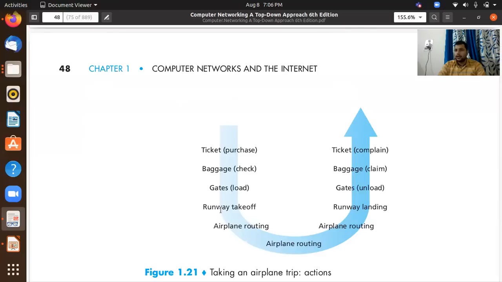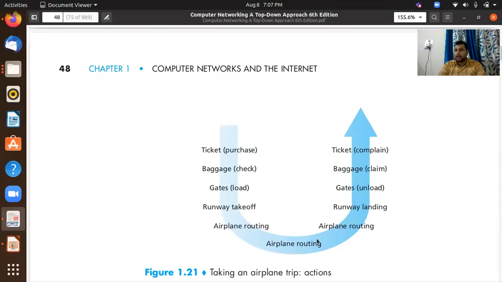It will take off through the runway, and afterwards, when it is up in the air, the routing will take place. Airline controllers will be in constant touch with the plane. They will monitor it and route it to the particular destination where it wants to go.